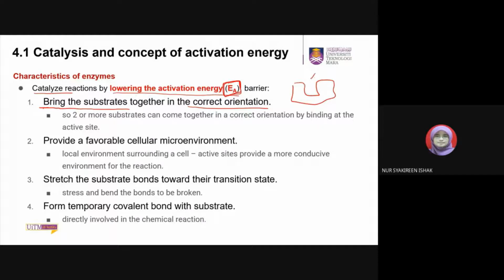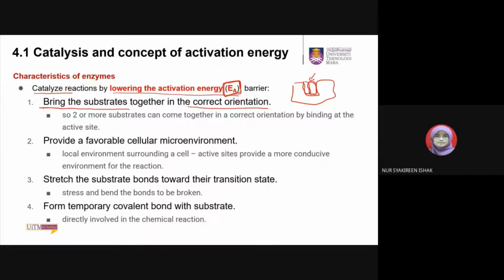When you have two or more substrates binding to the active site, the enzyme makes sure that the substrates are oriented in the correct orientation for the reaction to occur. Kalau tak ada enzyme ni, substrate tu boleh bersepah, macam mana nak reaction tu berlaku? Faham tak? So the enzyme allows the substrates to come together in a correct orientation by binding at the active site.